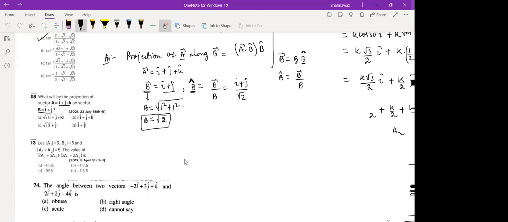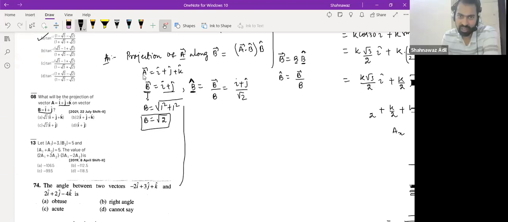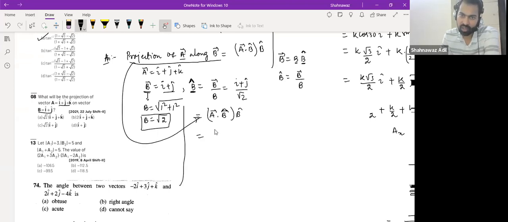Okay, now we have B hat, and we have A, so we can calculate the projection of A along B. So the projection of A along B would be A dot B hat. This would be i plus j plus k dot i plus j divided by root 2, and then i plus j divided by root 2.